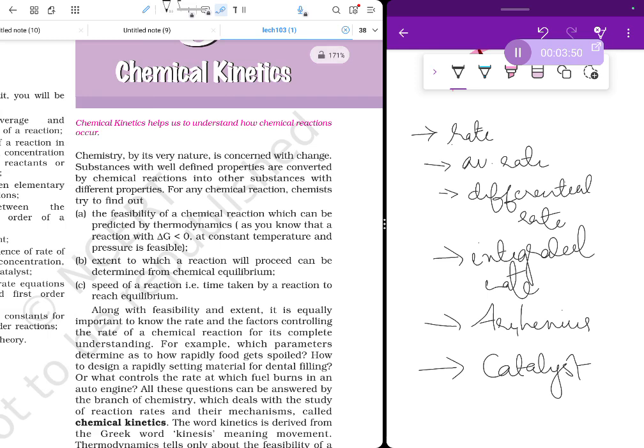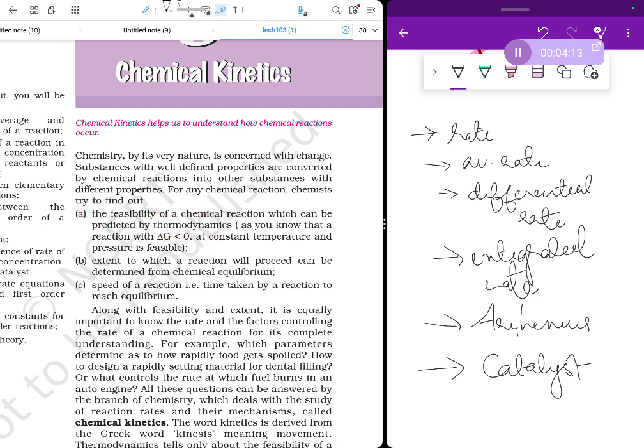Chemistry by its very nature is concerned with change. Substances with well-defined properties are converted by chemical reactions into other substances with different properties. For any chemical reaction, chemists try to find the feasibility of the reaction, which can be predicted by thermodynamics.